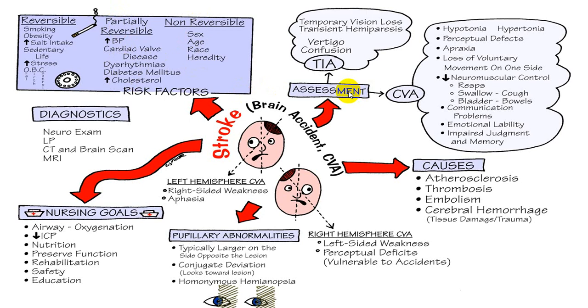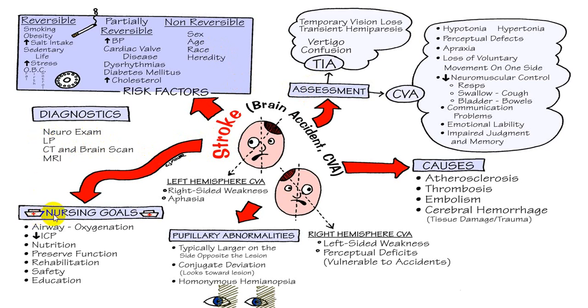So in a TIA, first assessment, and after assessing, if it is TIA, by and large we require to treat them rigidly to prevent a stroke. Once a person comes with a stroke, you require a neuro examination, CT, and only if you suspect hemorrhagic, you can go for a lumbar puncture.